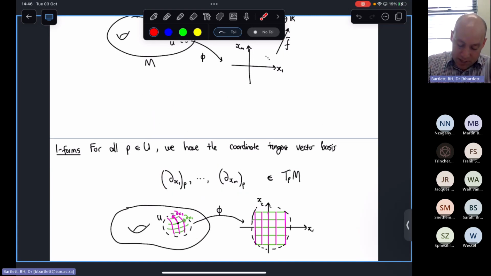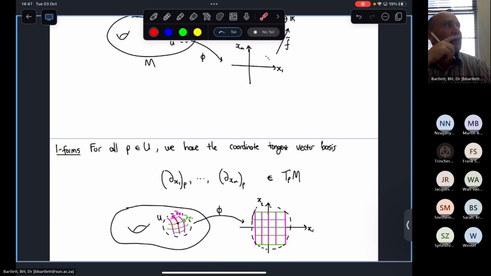So if this is my chart, then I've got this rectangular grid in Rm, and mapping that backwards via the chart is going to give me a curvilinear grid inside the manifold. And at each point there, I'm going to have a basis for the tangent space. Those are these del x1 up to del xm basis vectors. Fine, so they are a basis for the tangent space.